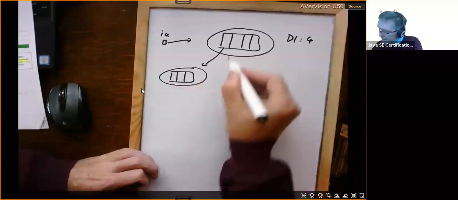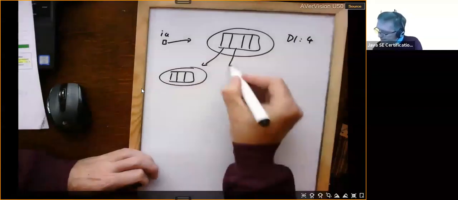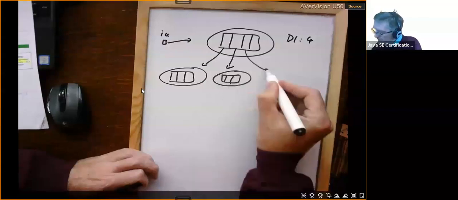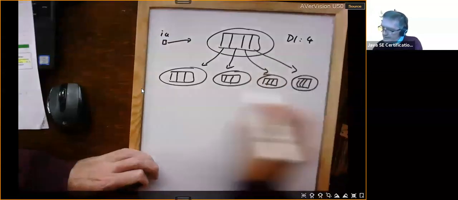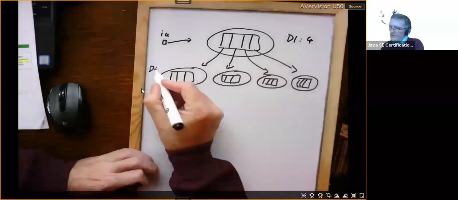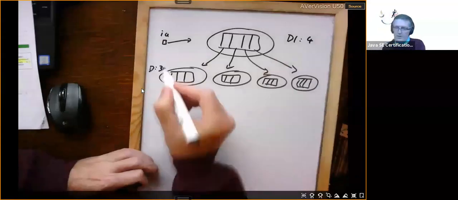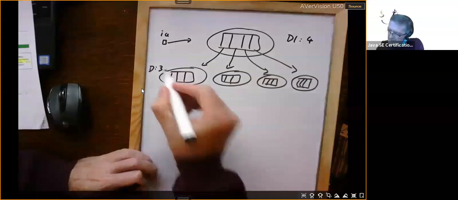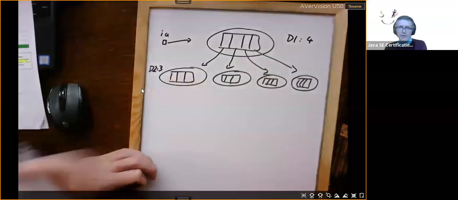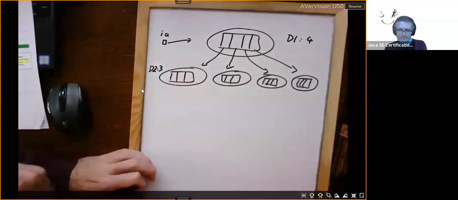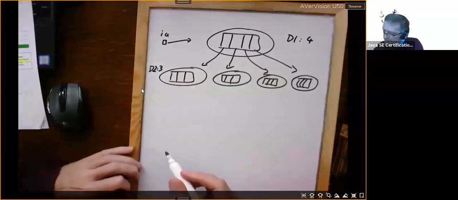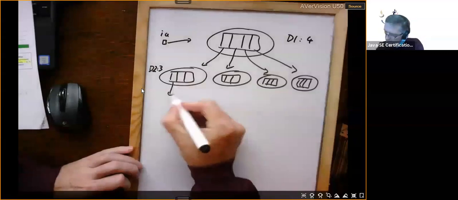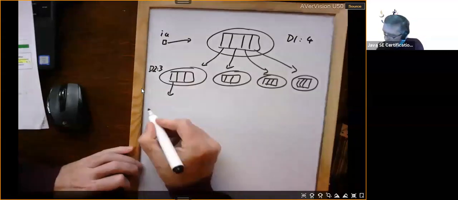So each one of these at this level has 3 entries in it. So that's D3. It's the second dimension. Second dimension has 3 entries in it, each of them. And then you go down to the third dimension, and it's 3 again.